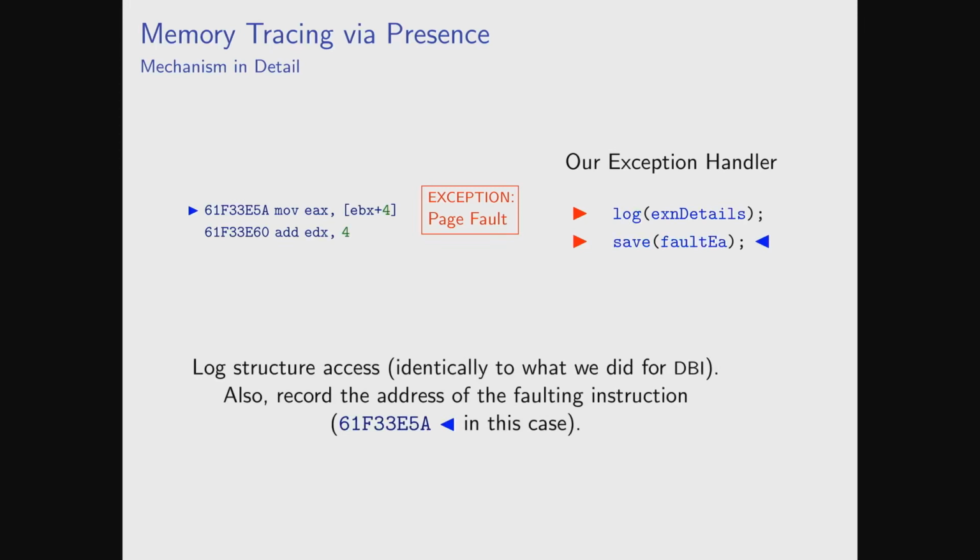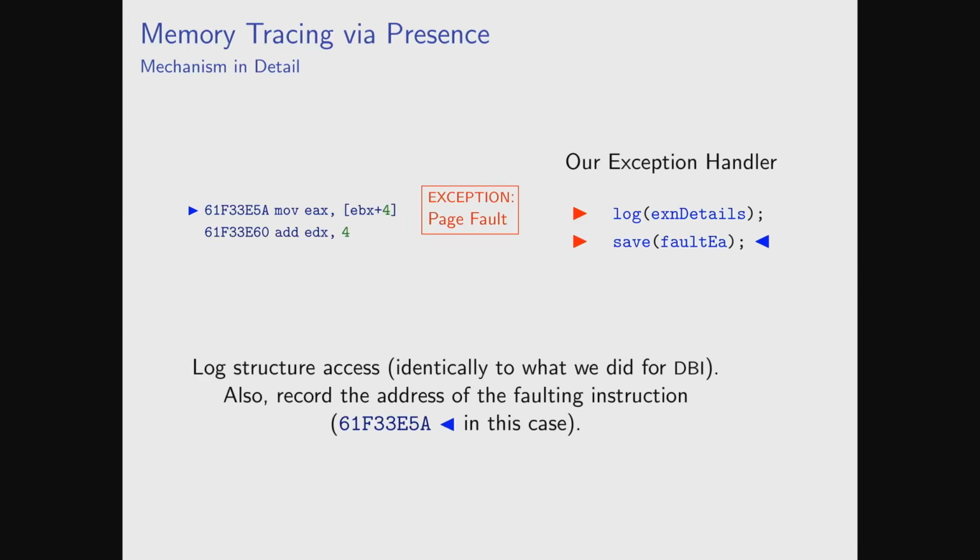So if it was our fault, now we are in the exact same position as the DBI-based tools are, where at this very moment, we know that this particular instruction tried to access some allocated region that we're interested in.